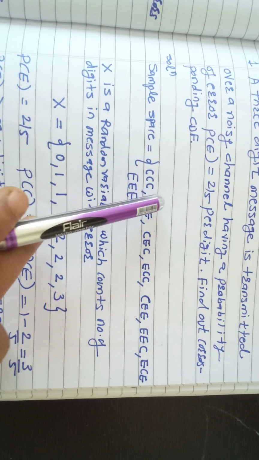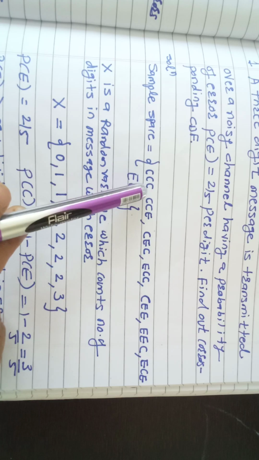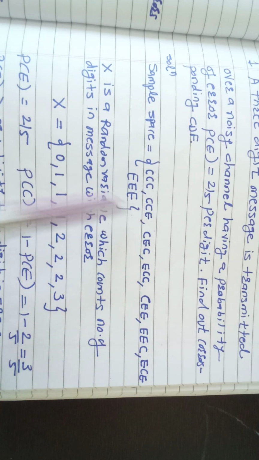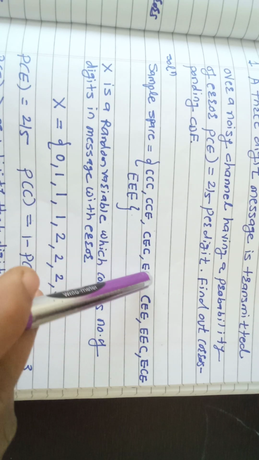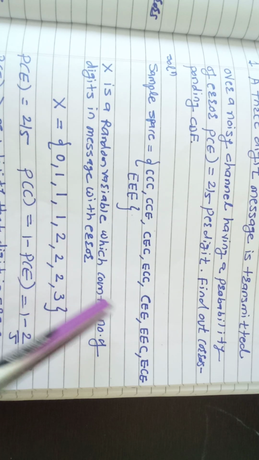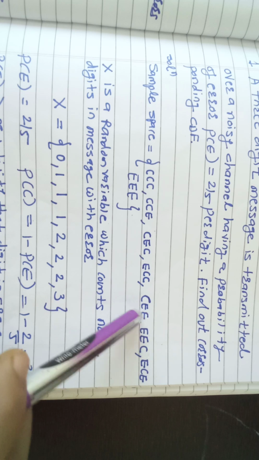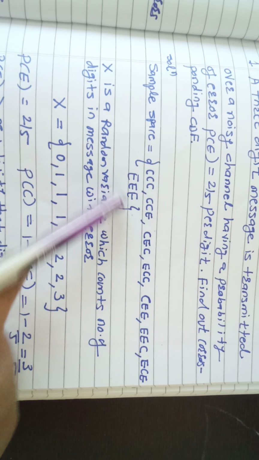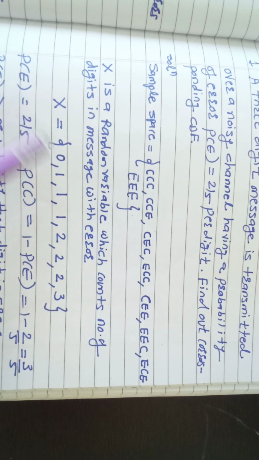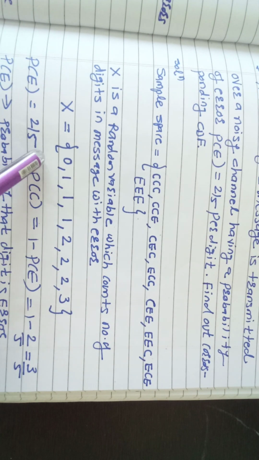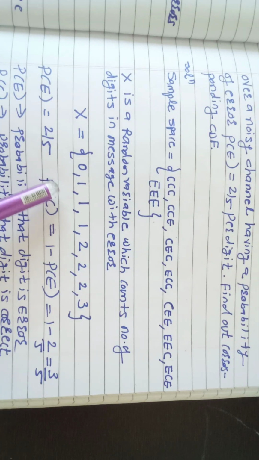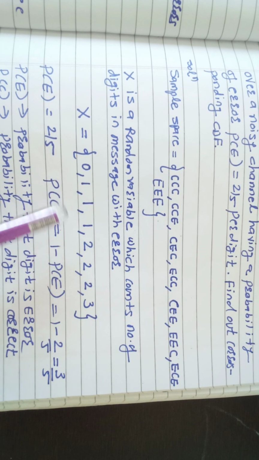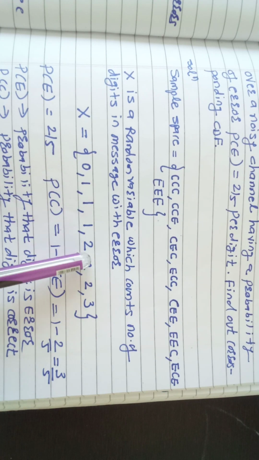Here, how many digits are with error? No digit is in error, so x is equal to 0. Here 1 digit, so 1. Here also 1 digit in error, so 1. Then CEE, here 2 digits are in error, so 2. Here 2, here 2, and last is 3 digits in error. So we have defined the random variable, and you can observe that it takes the values 0, 1, 2 and 3.